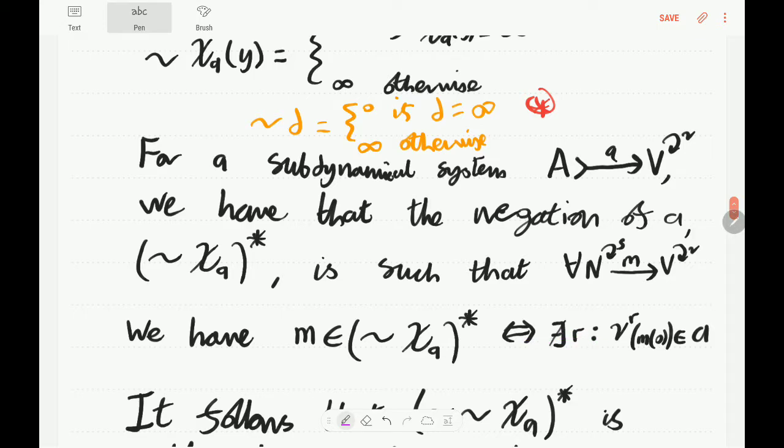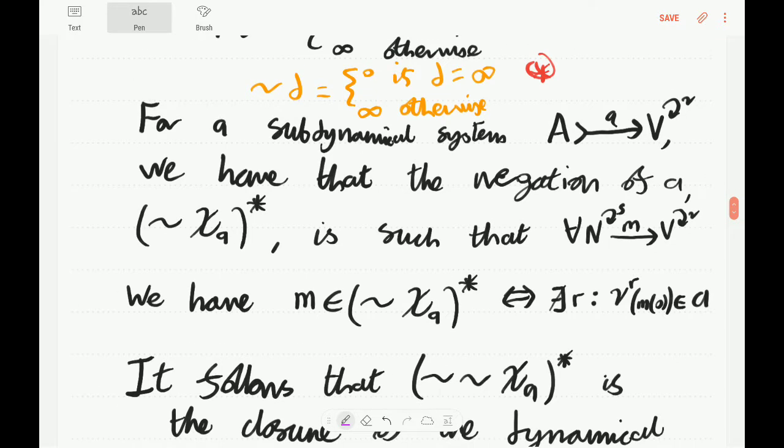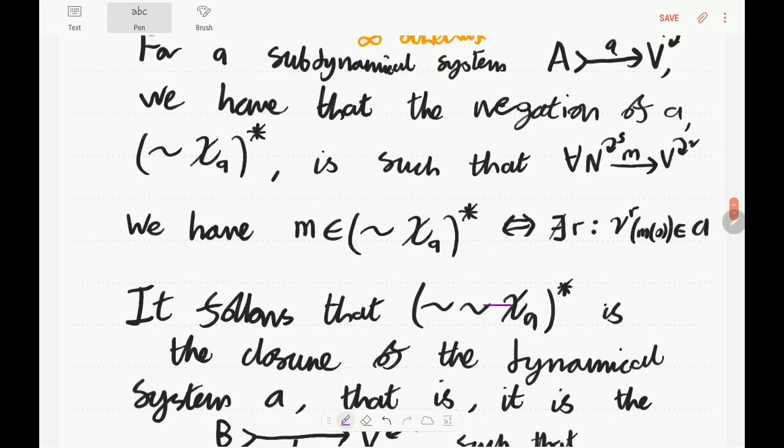And basically that's just going to consist of all of the connected components of our ambient dynamical system which don't have any bits of A in them. And then not, well, not's quite interesting.